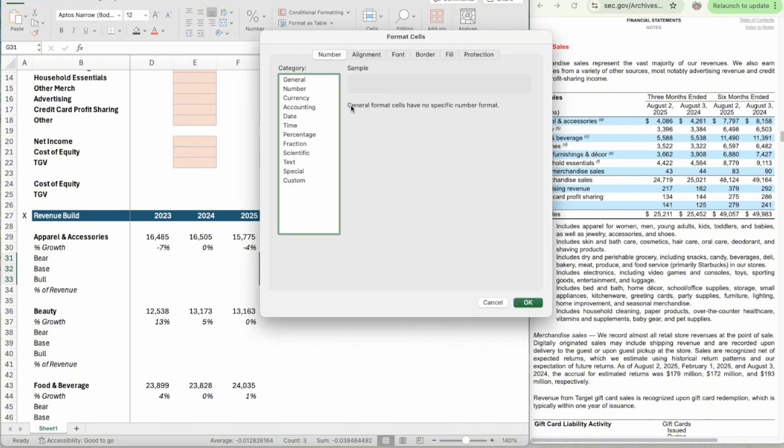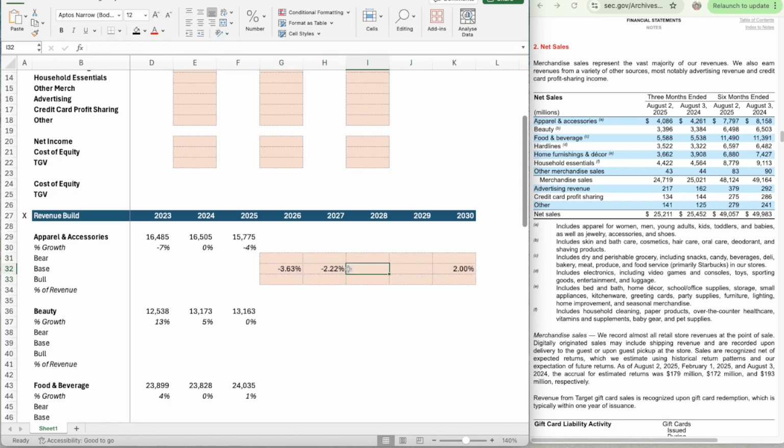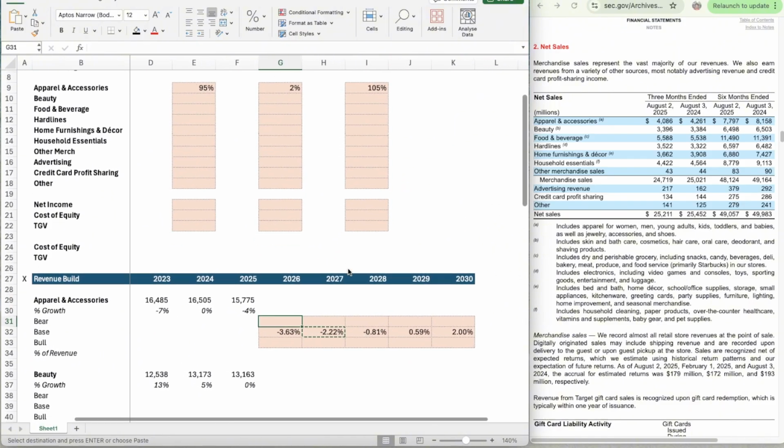I think for this we just put it all to percentage, to one decimal place, and leave it as that. Then we copy it down.